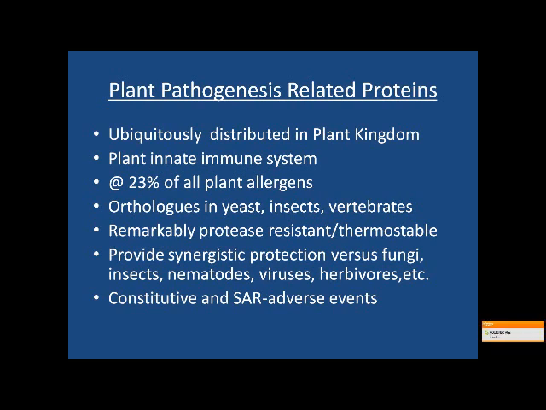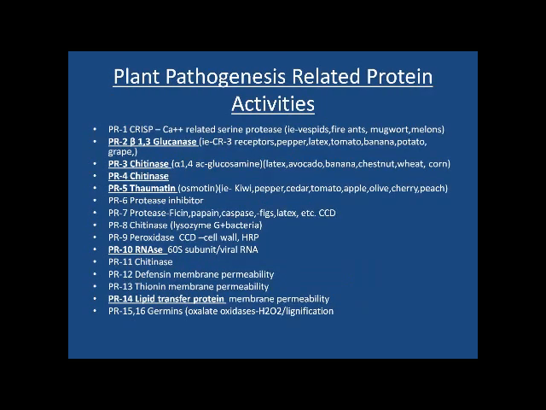They can be constitutively produced or in response to specific adverse events that happen to plants, whether it's weather or chemical damage, they produce more of these. The ones underlined are the main allergens here. These are all the PR pathogenesis-related proteins.